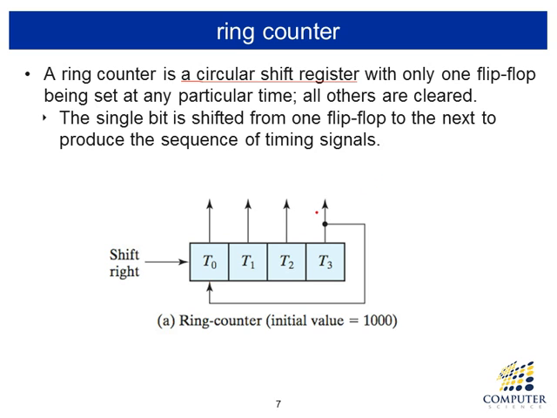So if we begin with 1 0 0 0, only one single 1 in all those flip-flops, on one clock, the 1 shifts to the next, and then another clock shifts again, and then it goes back. So we have a circular shift that is called a ring counter.